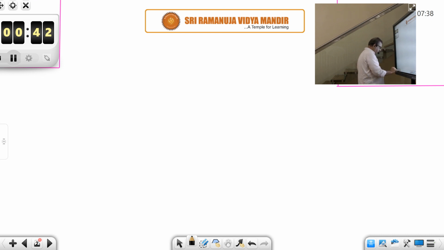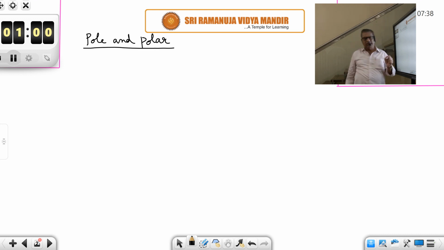So today we are going to learn about pole and polar. Actually, this concept is not there in the IIT syllabus, but knowing this is very useful to us in solving certain IIT JEE problems very easily.